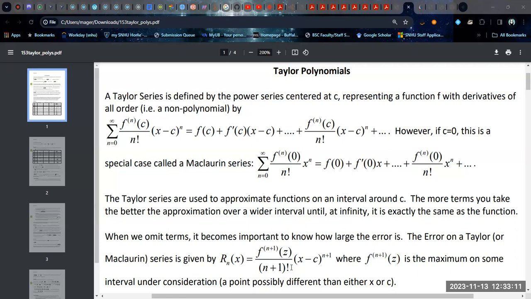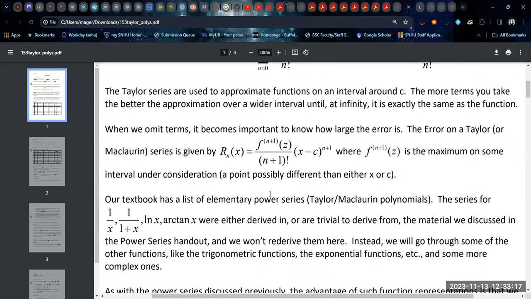Now, there is also a remainder term. Every time you stop your Taylor polynomial, your Taylor series, at a particular point, there's going to be an error associated with that. And the remainder term is given by this R sub n. Now, this is going to depend on a couple of different factors. For one thing, it's going to depend on the next degree term, but it's also going to depend on some point inside of an interval.